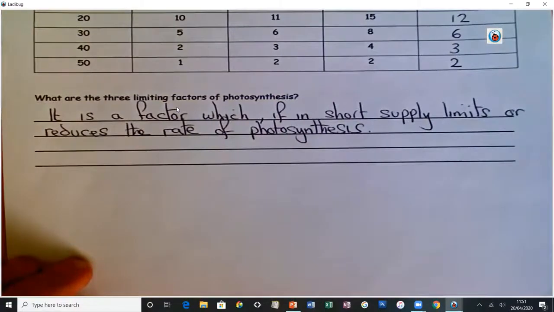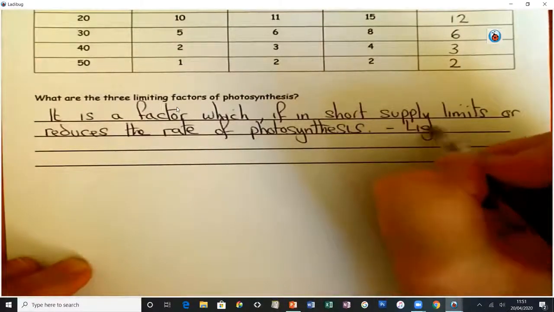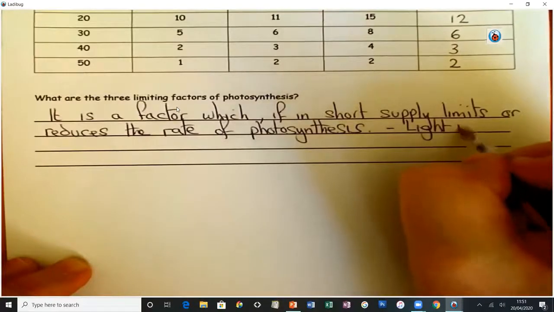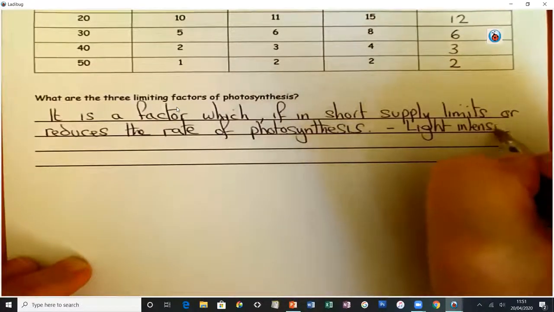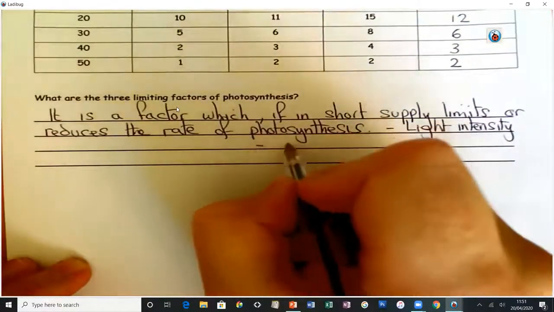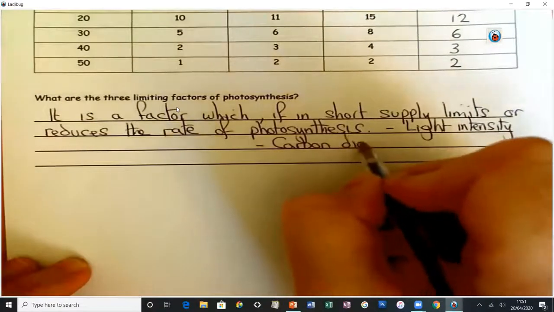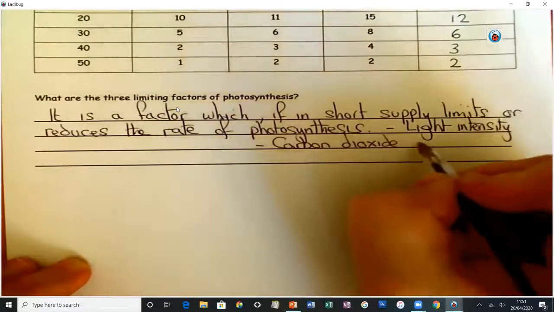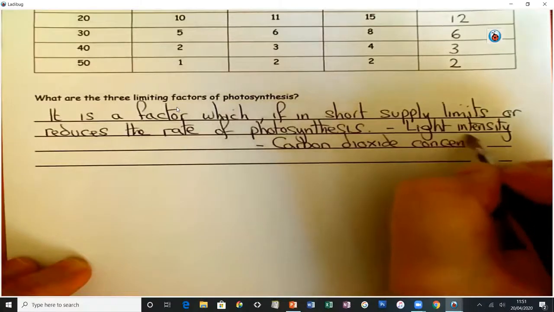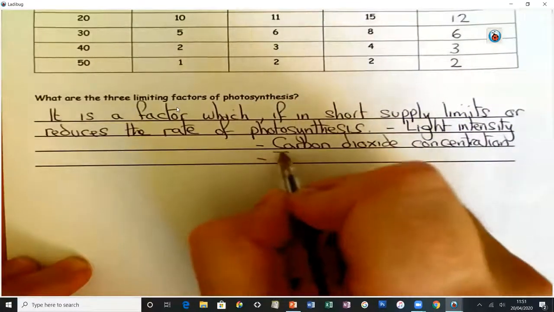Now, there are 3 limiting factors that we look at on our specification, and they are light intensity, carbon dioxide concentration, and temperature.